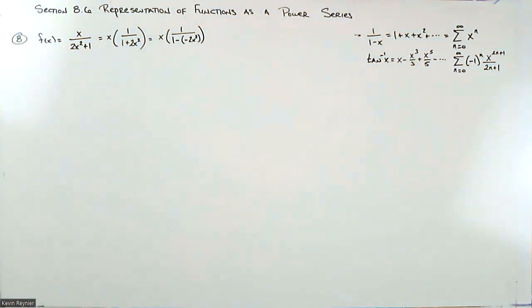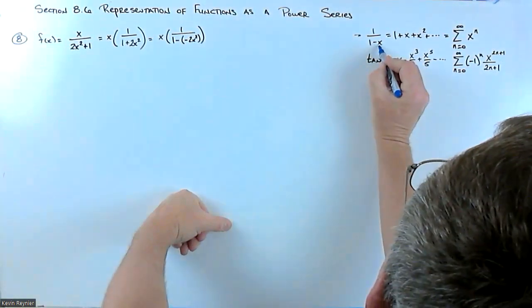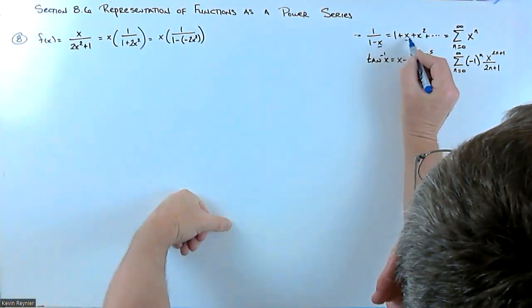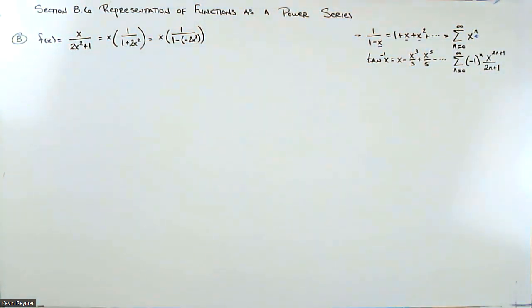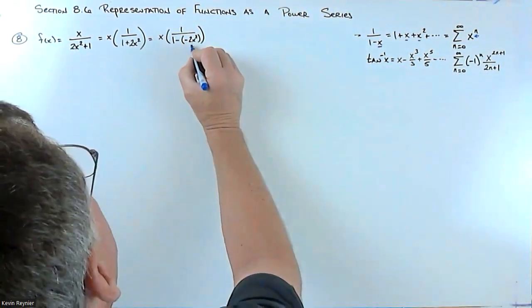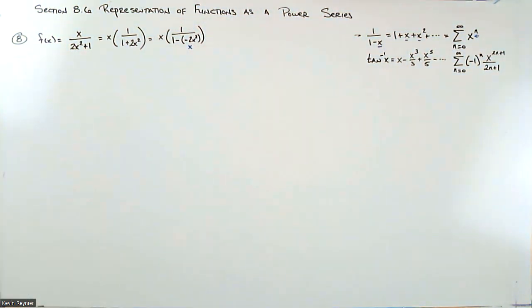So the way we build a power series from another power series is we look at the root and we say, okay, when this is x, this becomes x squared, this becomes x to the n. Well, playing x for us in our version is going to be this. Our x is minus 2x squared.